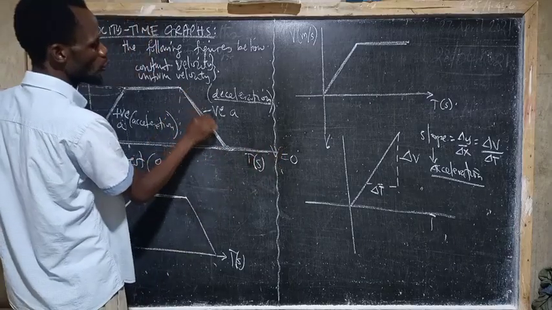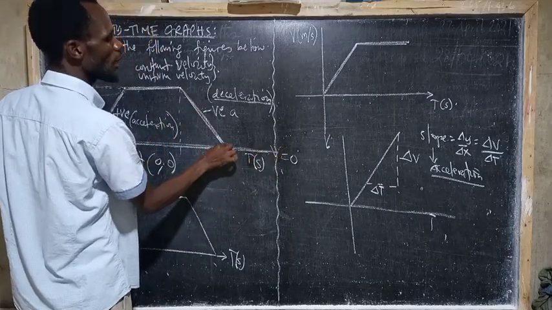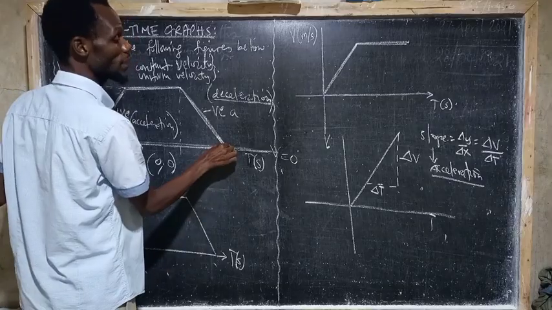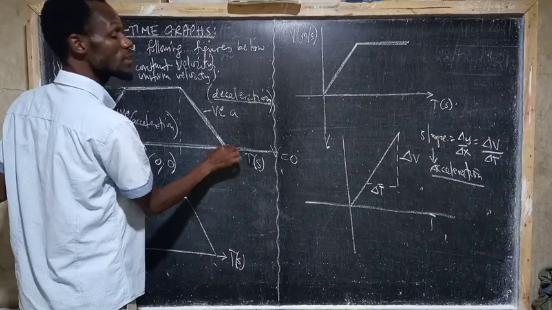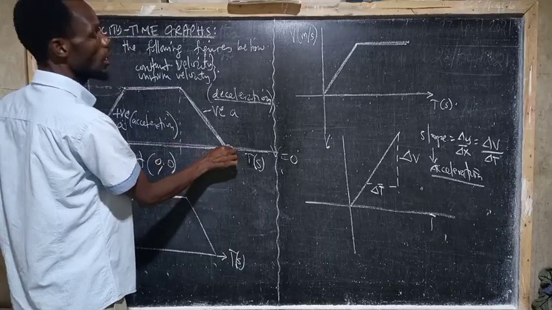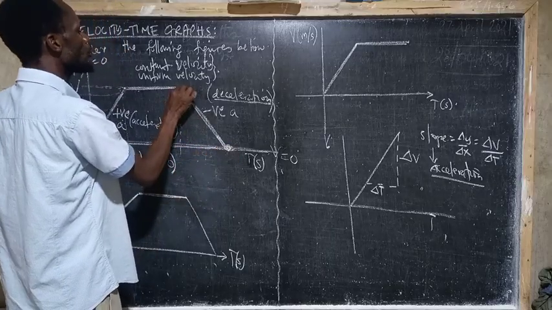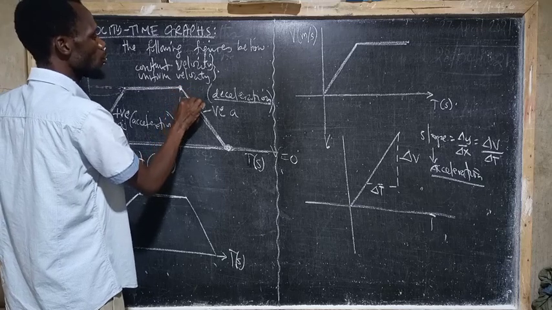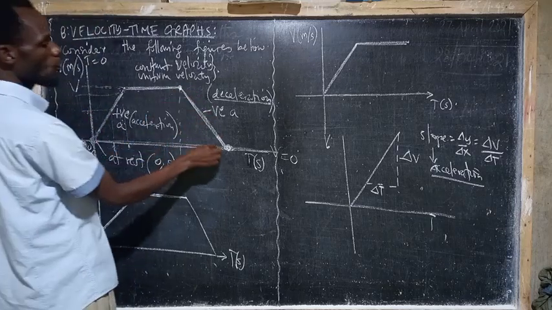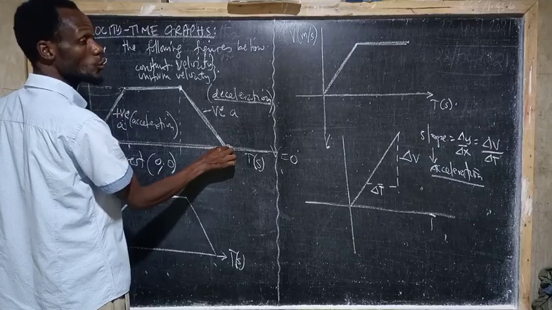Kwa hiyo kama ilirudi mpaka hapa, maana yake ilirudi mpaka kwenye velocity is equal to 0. Maana yake ili stop. Ilifika hapa mpaka ikafika kwenye at rest tena, ikastop. Lakini ilitumia muda fulani kustop. Kwa maana hiyo utaona ilipofika hapa velocity ikaanza kupungua mpaka ikafika kwenye velocity zero.